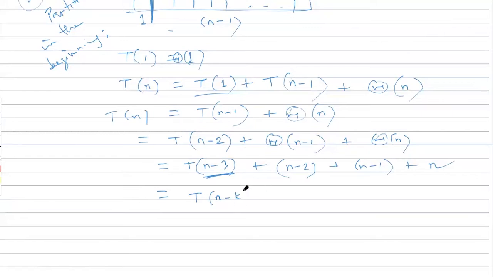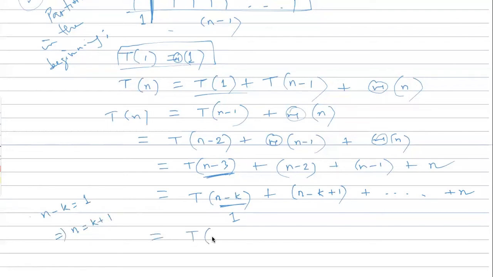Okay, so I want to land up in T of n minus k, and then this is going to be n minus k plus 1, plus dot dot dot up to n. I somehow want to make this 1 because I know what is the value here. So n minus k is going to be equal to 1 when n is equal to k plus 1, right?